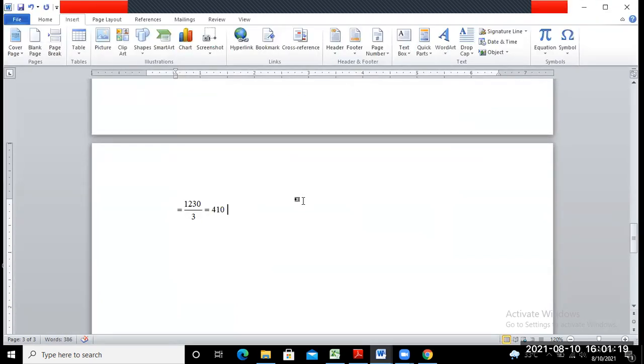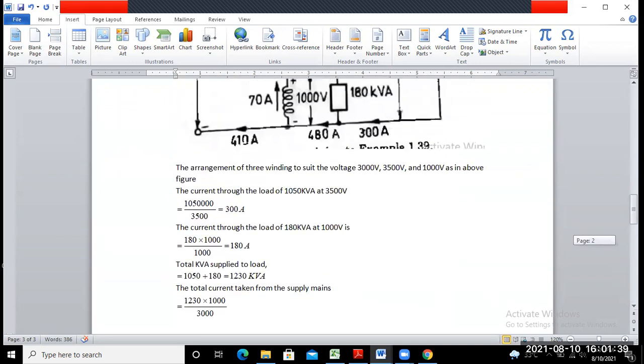Now you have found the load currents flowing through the two loads and how much current is supplied from the mains. Now apply KVL in the circuit you have connected and find the current in the remaining part.